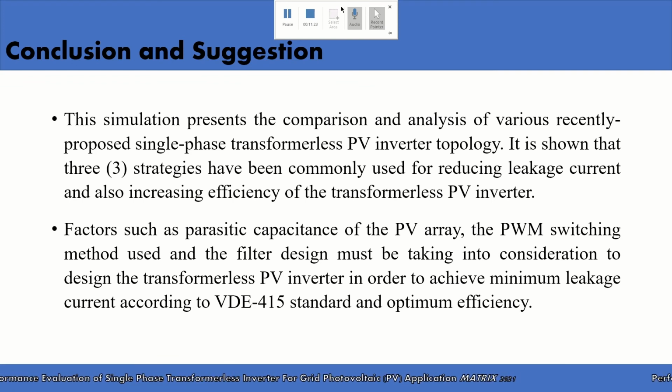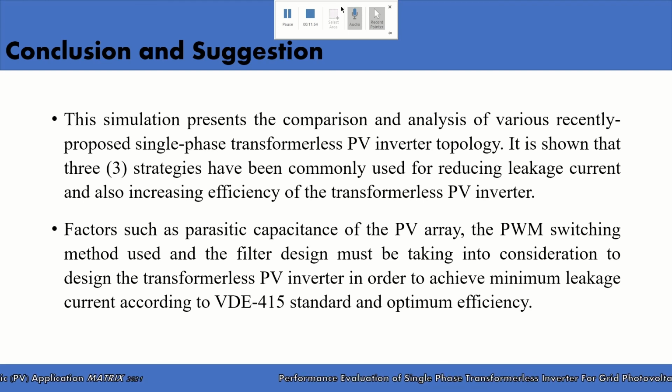So the conclusion and suggestion: this simulation presents the comparison and analysis of various recently proposed single-phase transformerless PV inverter topologies. It is shown that 3 strategies are commonly used for reducing leakage current and also increasing the efficiency of transformerless PV inverters.